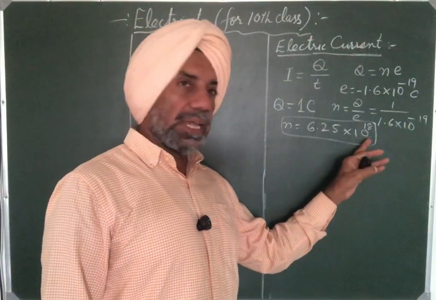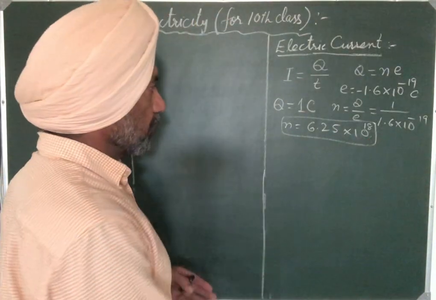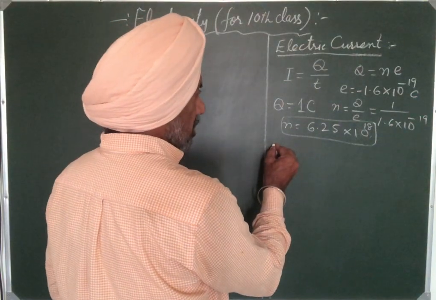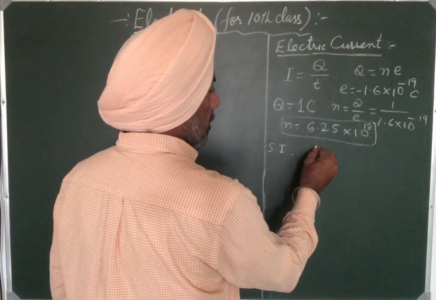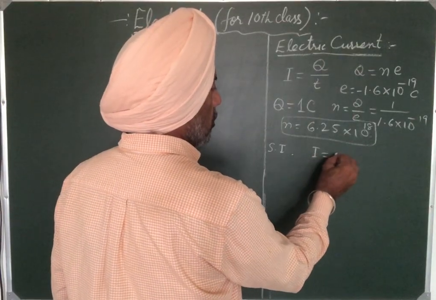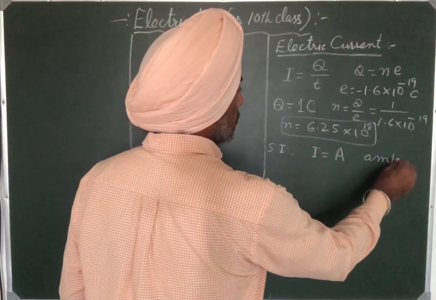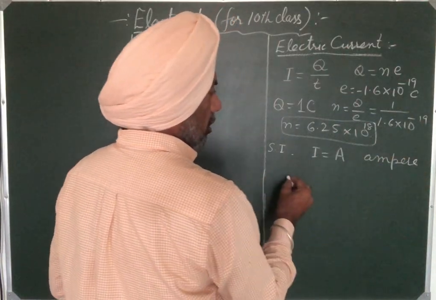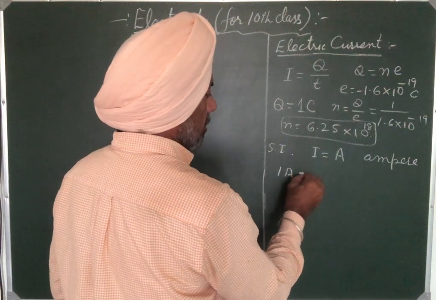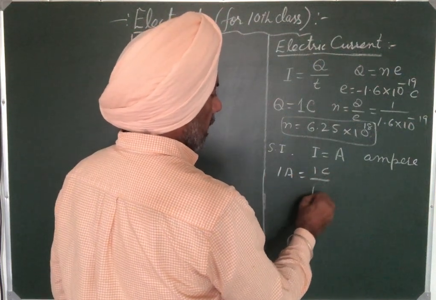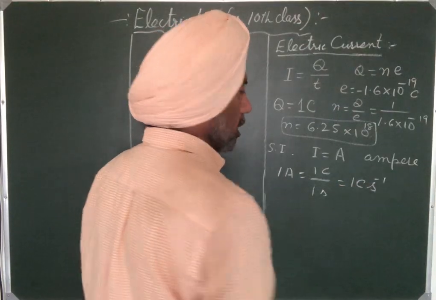So that many electrons will have that total charge, which we call 1 coulomb. Okay, and in SI system the unit of electric current I is the ampere. So 1 ampere is defined as 1 coulomb per 1 second.